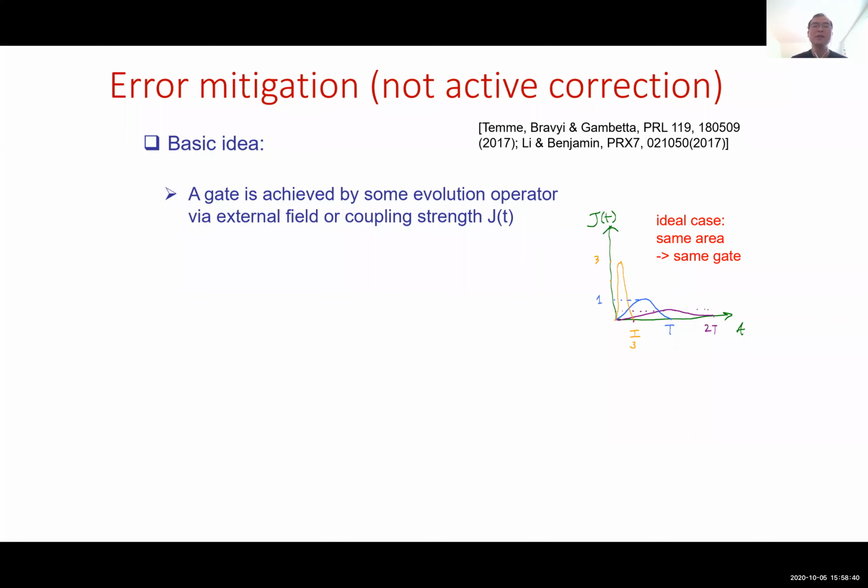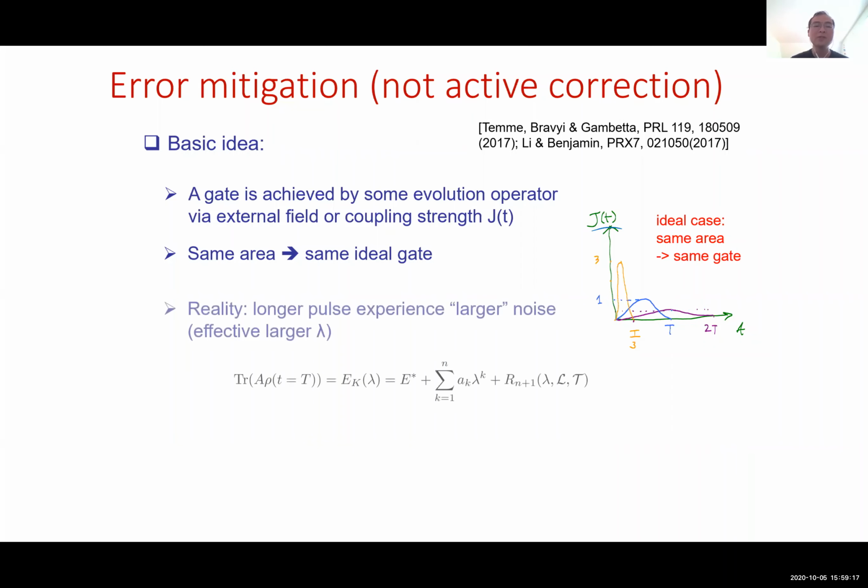So there are some ideas for the near-term quantum computer. What we could do is something called error mitigation. This is not active error correction. The idea is that if you create a gate, you're applying some field, maybe a magnetic field, and if you have the same area, it's representing the same gate. So as I show here, different colors have different lengths, but the area is the same, so they represent the same gate.